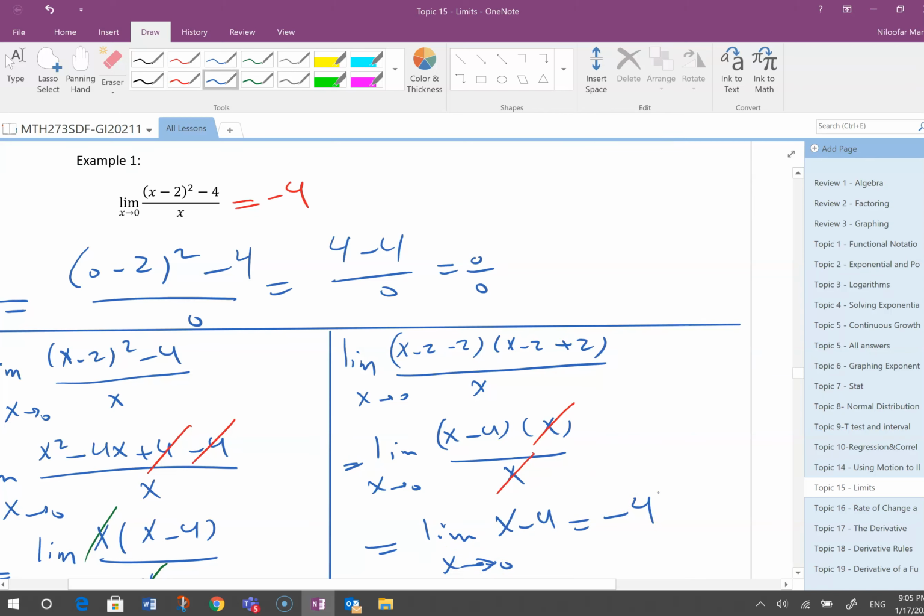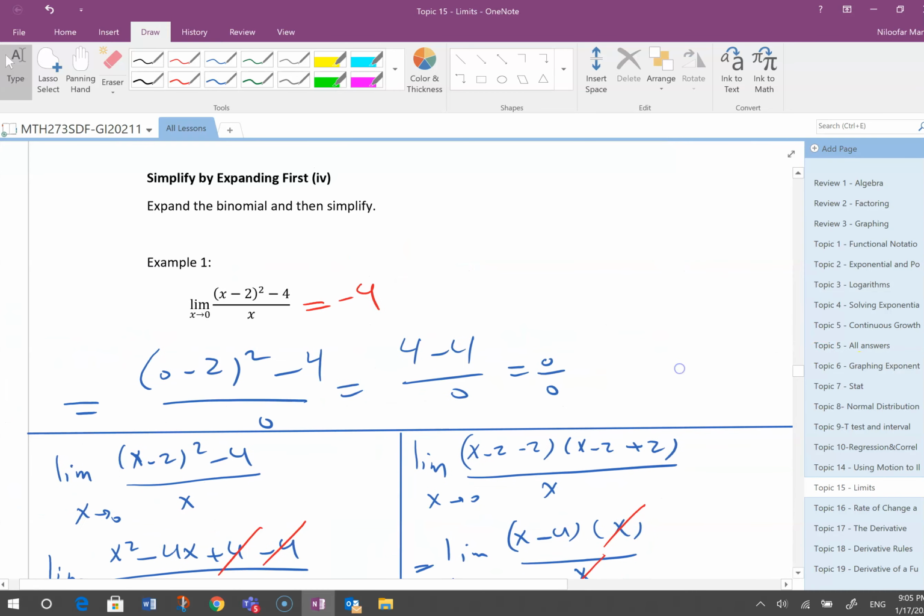Both of them are possible. In many cases, I see students are more comfortable with the left one because they can just expand. And even here it says expand. So you saw all of these.